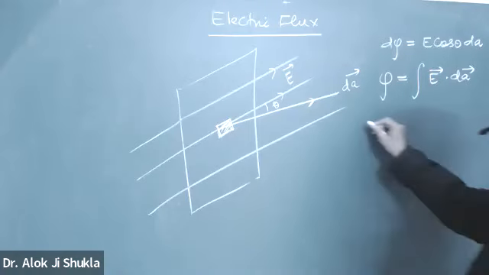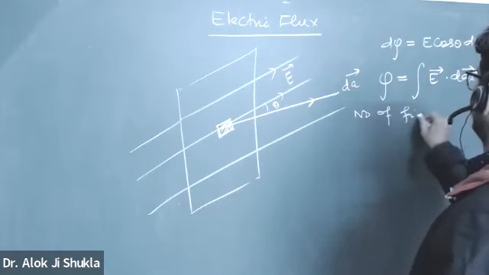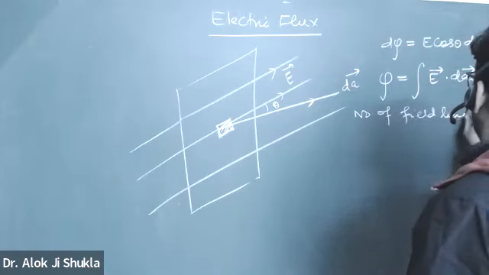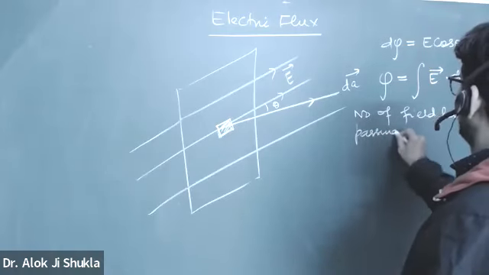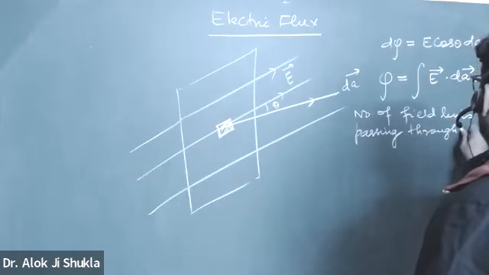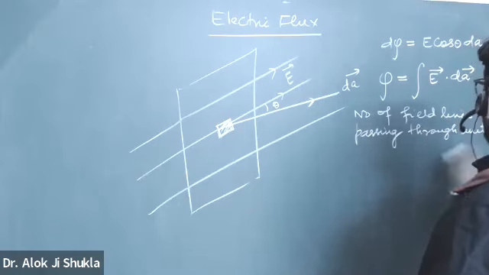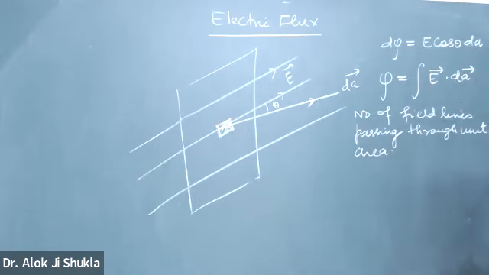So it is a measure of the number of field lines passing through unit area. Okay, number of field lines passing through unit area.